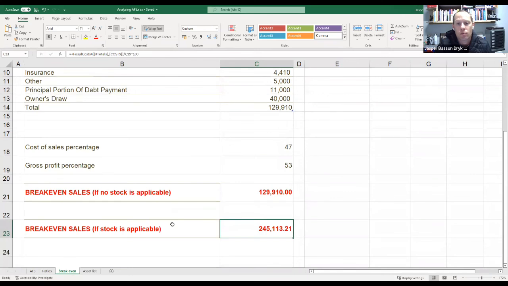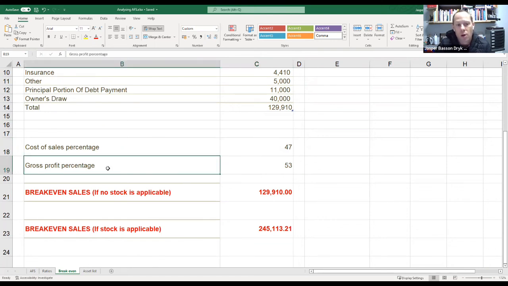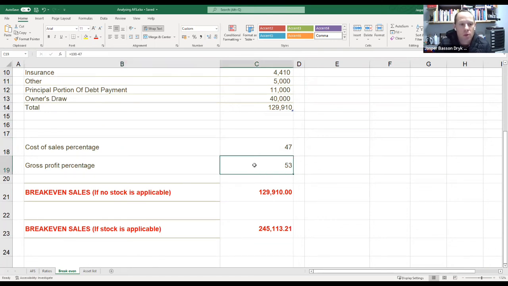Right, the further exercise. If you do retail, you have stock on hand and you buy and sell, then you will have a cost of sales percentage that you can also find from your management statement, and you will also have a gross profit percentage, which I'm going to use right now.